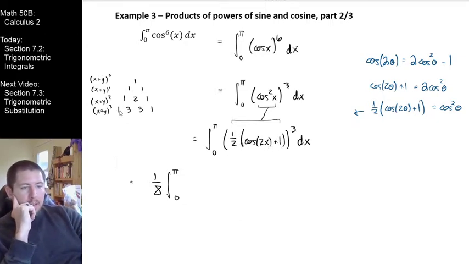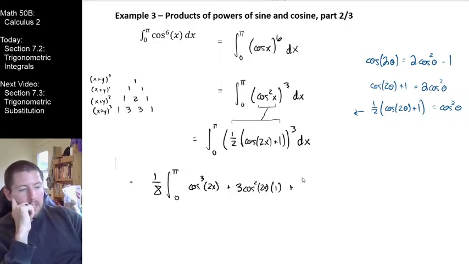So my first term should be one copy of cosine 2x cubed. So I'm going to get a cosine cubed of 2x. My second term should be three copies of cosine squared of 2x times one copy of 1. That's my term right there.